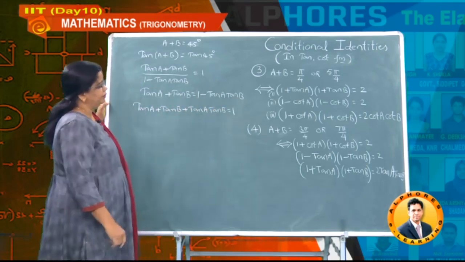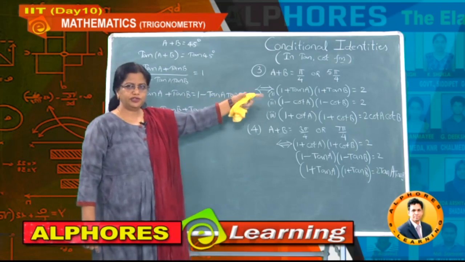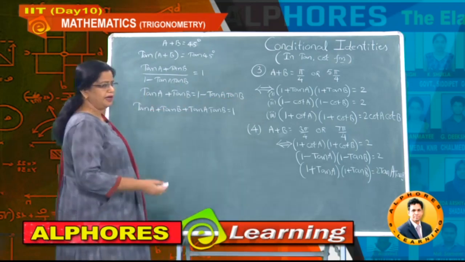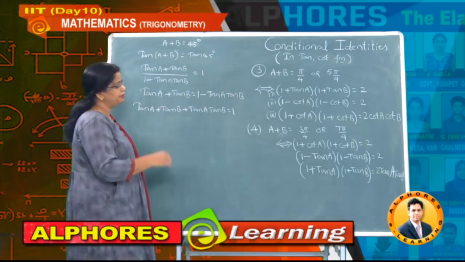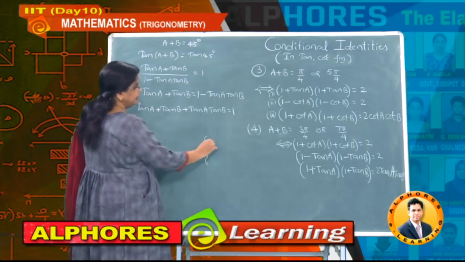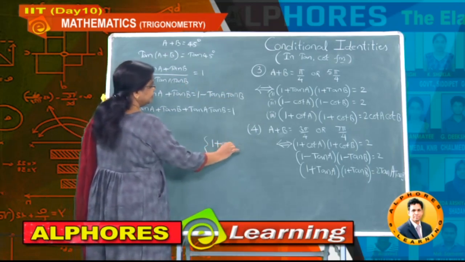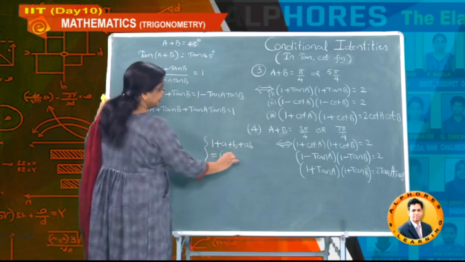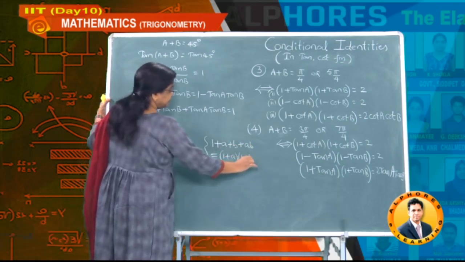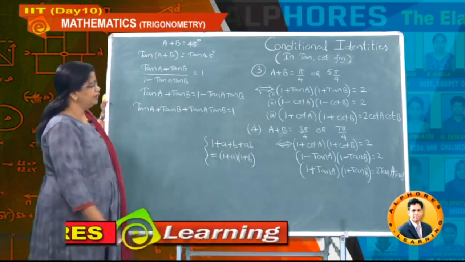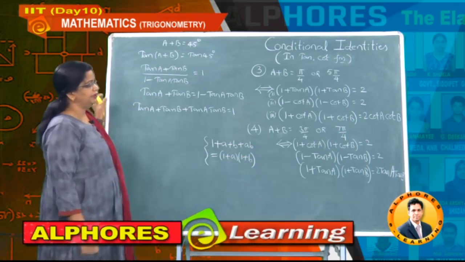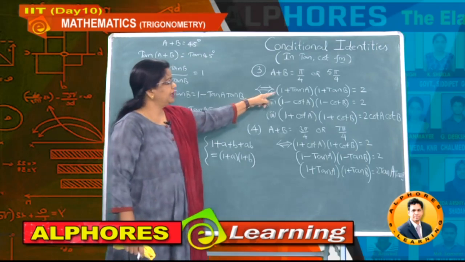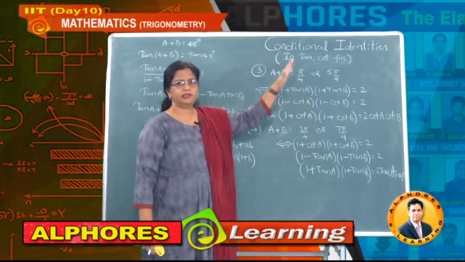And now what should be our RHS here? 2. And earlier I discussed some algebra formulas. One among them is that 1 plus A plus B plus AB, this product, is always the same as 1 plus A into 1 plus B. Understand? Now I want to make use of that, because the result we want is 1 plus tan A into 1 plus tan B.